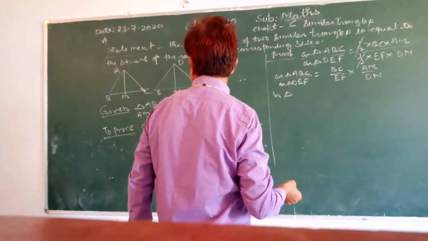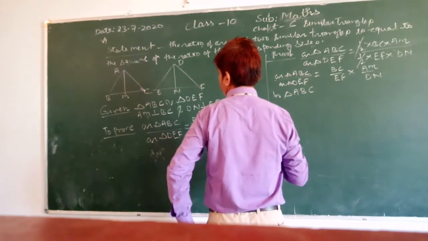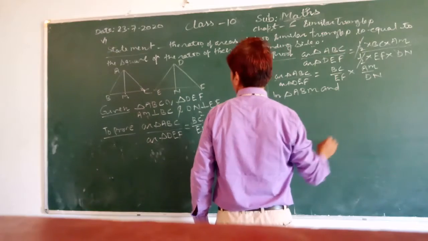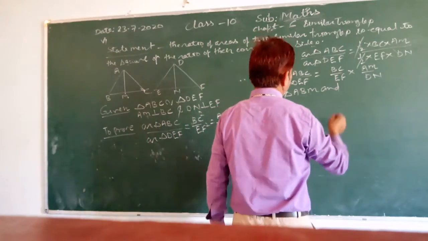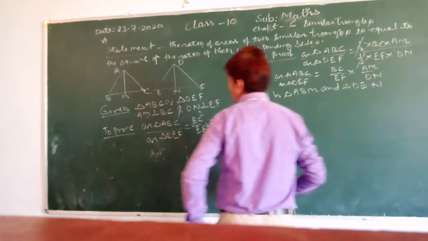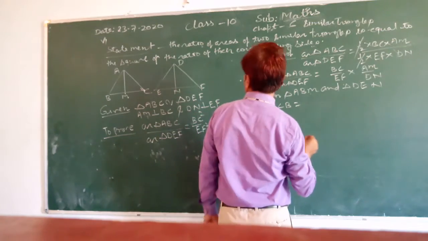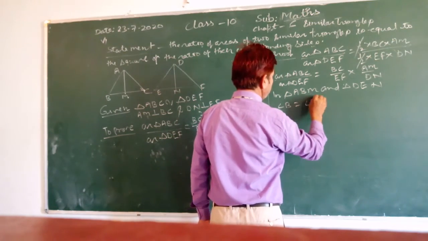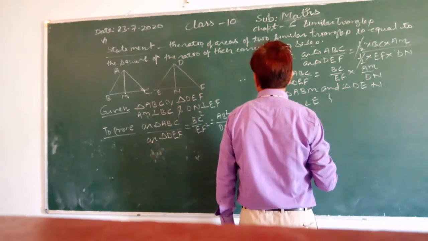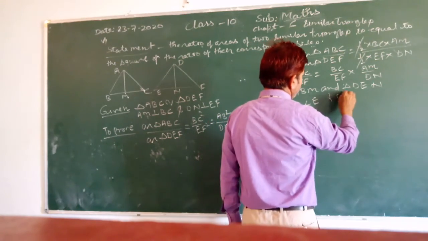In triangle ABM and triangle DEN, angle B equals angle E, corresponding angles of two similar triangles.